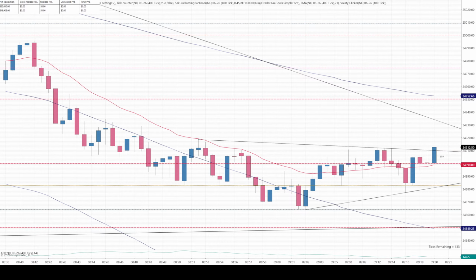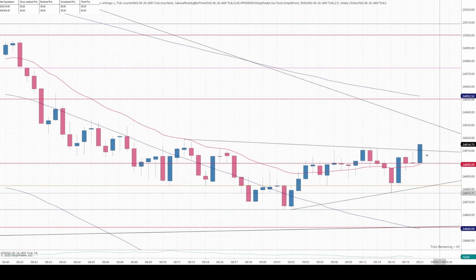With that in mind, we're going to be treading very carefully with our trading this morning, knowing that these candles that we're trying to trade could be a lot more irregular than normal.